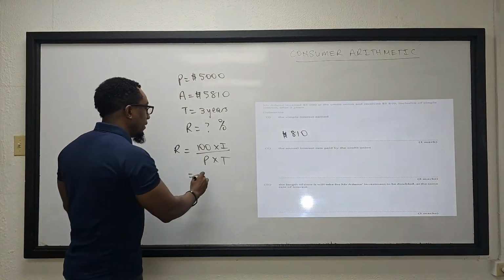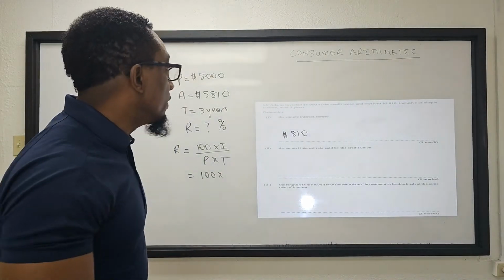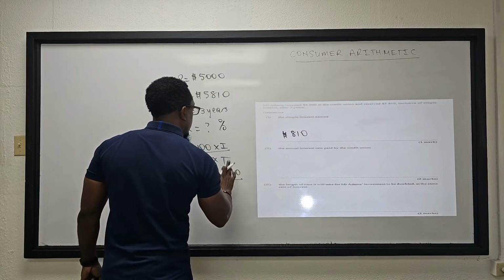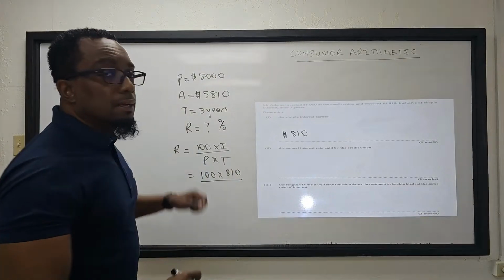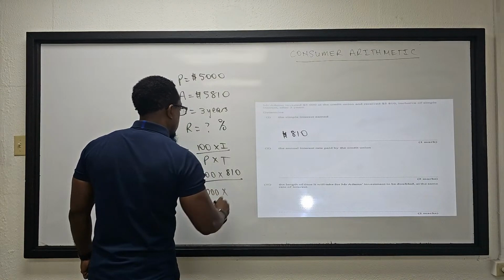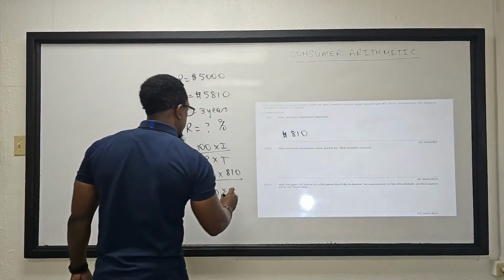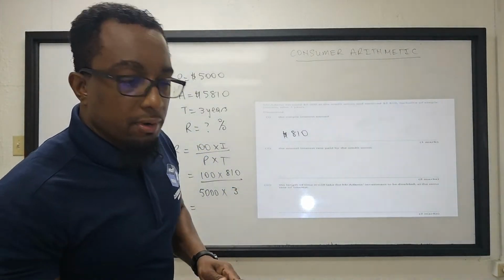So this will be 100 times the interest, which is 810, over the principal, which is 5,000, multiplied by the time, which is 3 years. So I'm sure you know our formula for rate.